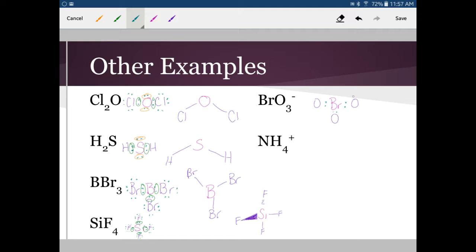Okay, then I do my peripheral atoms. 8, 10, 12, 14, 16, 18, 20, 22, 24. Now, I can't remember how many I said I had. 18, 19, and 7, so 26. So then I place this last guy on the top there.